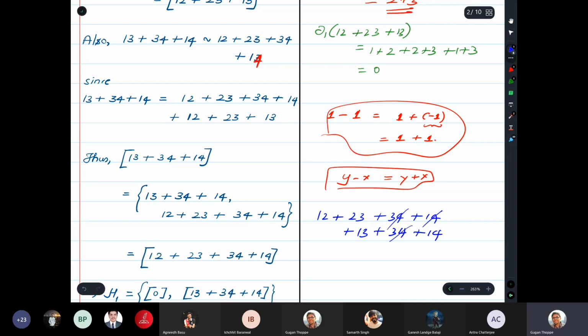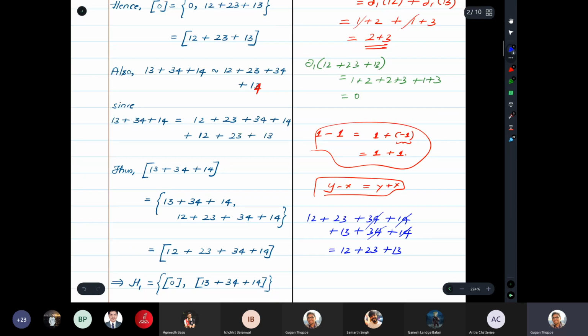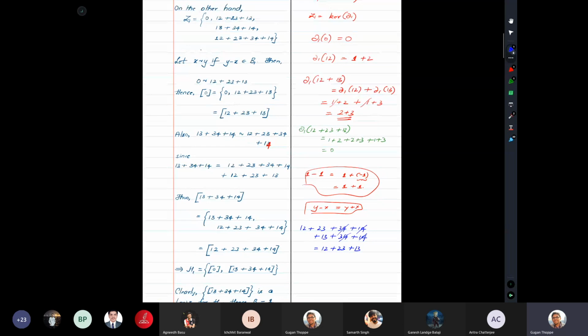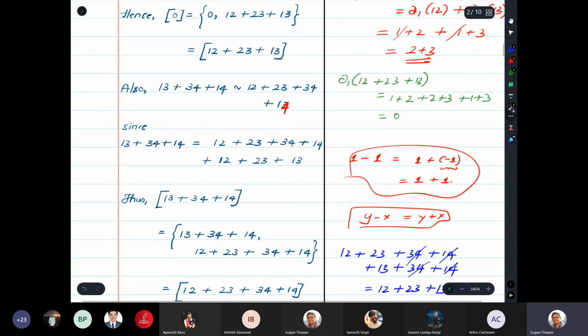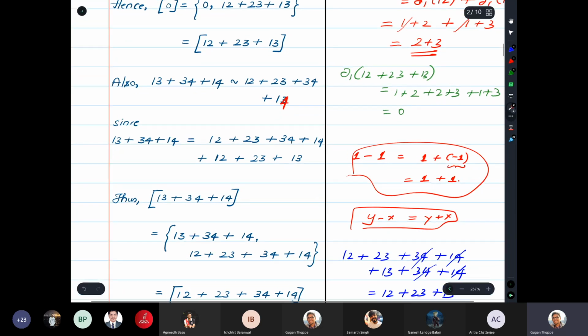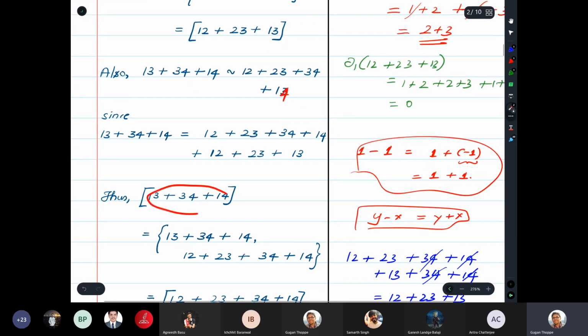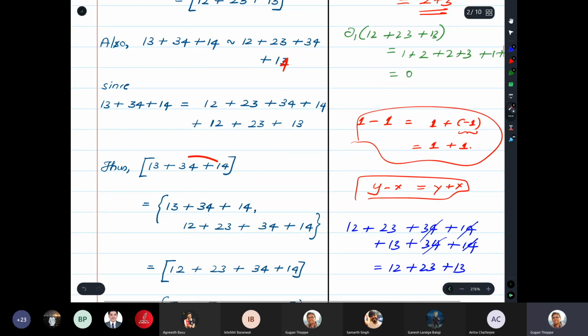I hope you agree that these things cancel off, and we end up with 12 plus 23 plus 13. If you go back a bit, you would see that this entry indeed lies in B1, and that's why one can conclude that these two entries are equivalent.